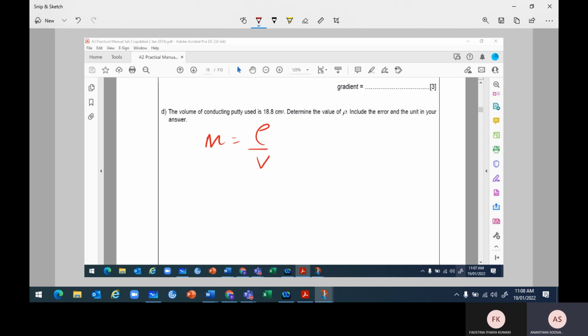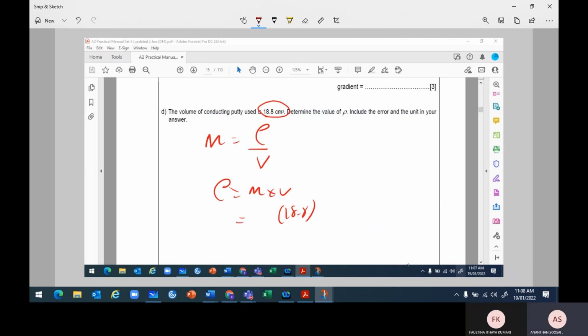Class, come on, focus first, 5 minutes, important. Part D: gradient is rho over V, you want to find the rho and its uncertainty. So rho is the gradient multiplied by V. The volume is given as 18.8 centimeter cube. So you can key in 18.8 centimeter cube, or you can change to meter cube.